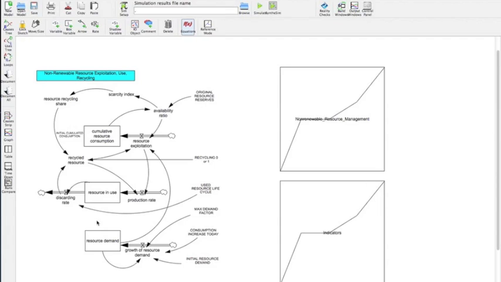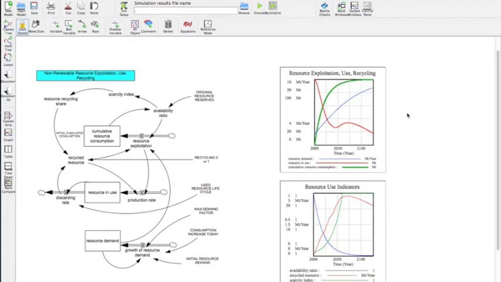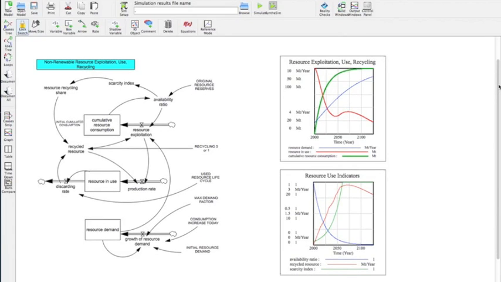so you have the interaction of these three stocks if you run this model, and what you see here, I sort of tailored the two graphs into the results. The first one has its 3 stocks. It has the resource demand, the resource in use, and the cumulative resource consumption. And one thing you can see here is that the demand grows over time.